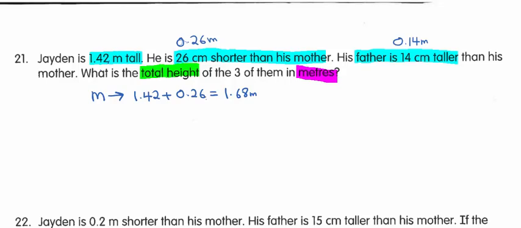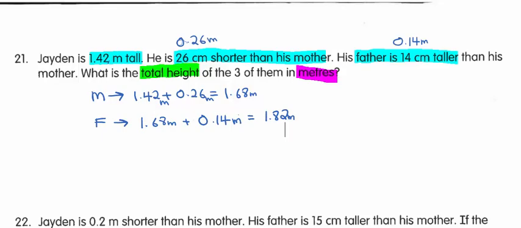Then the father is 0.14 meters taller than the mother, so if the mother is 1.68 meters, then the father will be an addition of 0.14 meters. That will give me 1.82 meters.